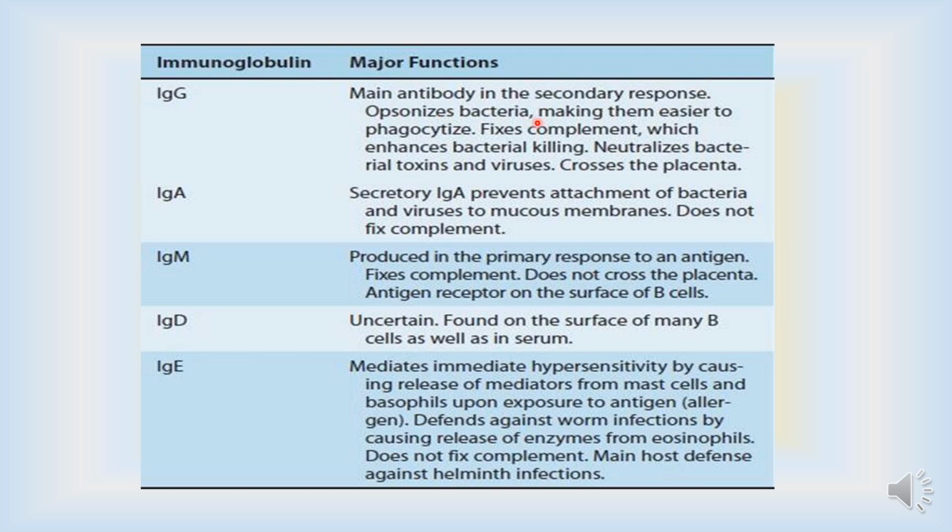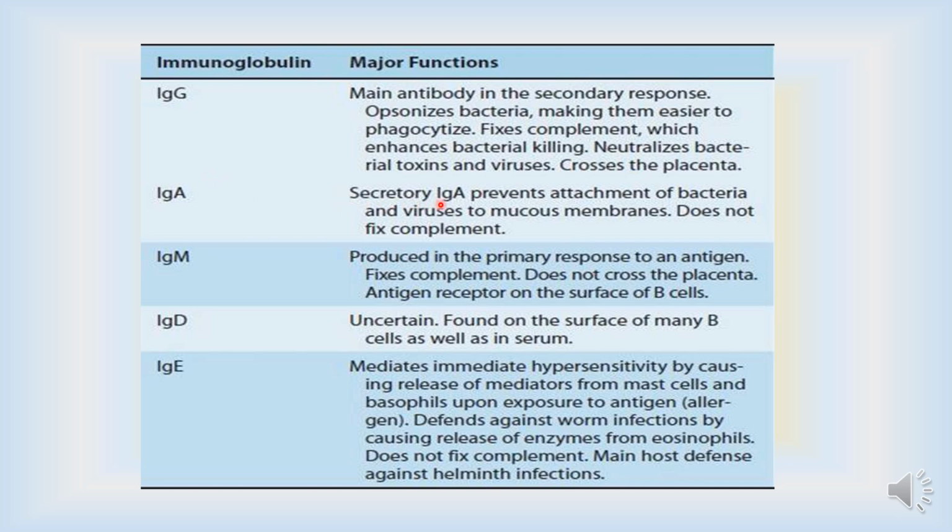It opsonizes bacteria, making them easier to phagocytose. It fixes complement, which enhances bacterial killing. It neutralizes bacterial toxin and viruses, and it crosses the placenta. So it is the only immunoglobulin that can cross the placental barrier, and it provides immunity to the newborn.